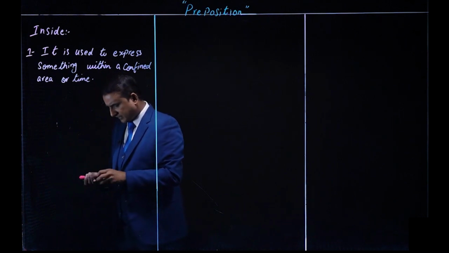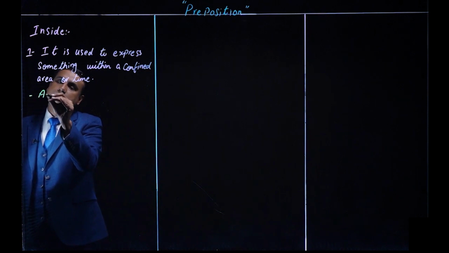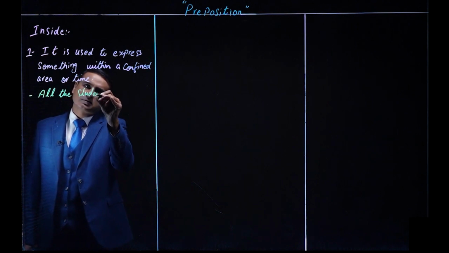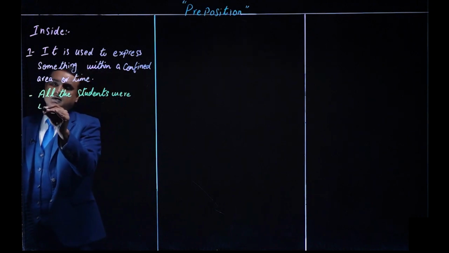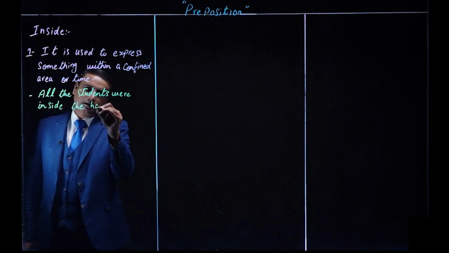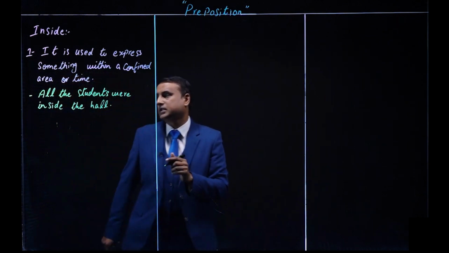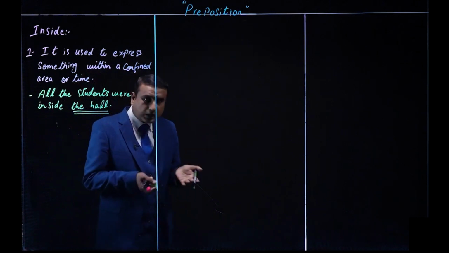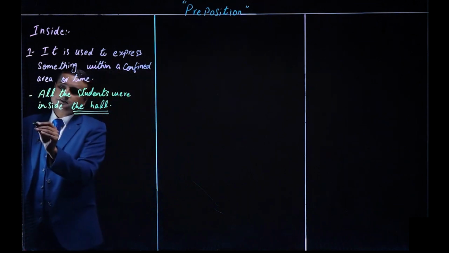For example, if I say all the students were inside the hall. So here I am telling you that they were within a confined space, उस hall के अंदर मौजूद थे. Same can be done for time.